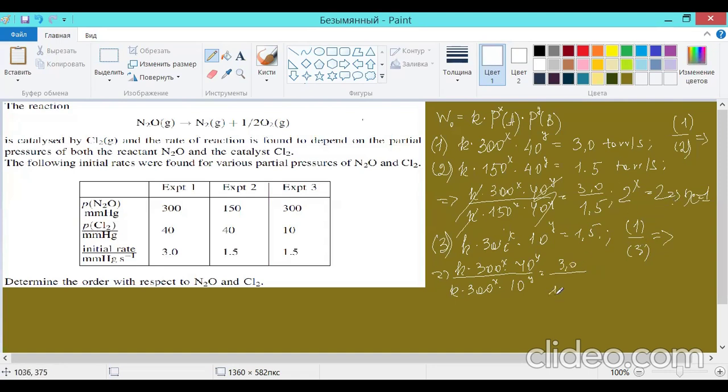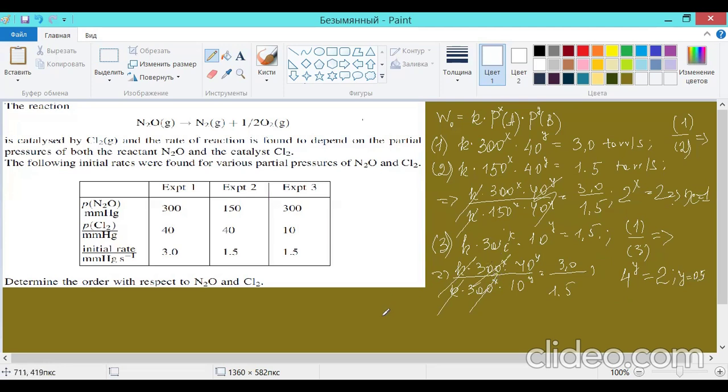After cancellation, we got 4 raised to Y is equal to 2. That means that Y is equal to a half.